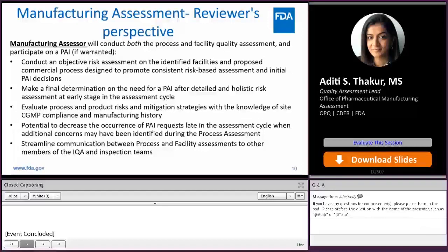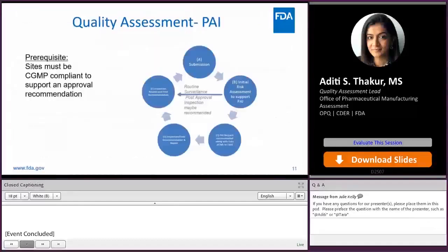Manufacturing process and product risks and mitigation strategies are evaluated with knowledge of the site's CGMP compliance and manufacturing history. This allows the agency to potentially decrease the occurrence of PAI requests late in the assessment cycle. This also allows us to streamline communications between process and facility assessments to the other members of the IQA team and inspection teams as well.